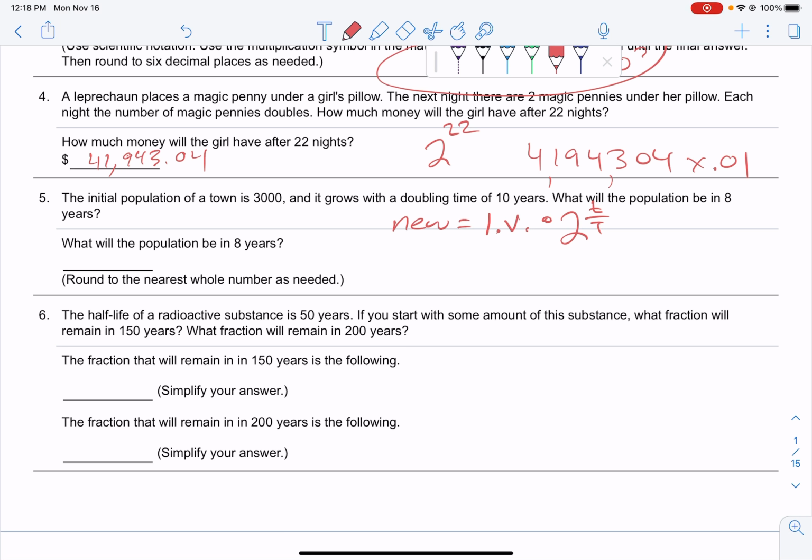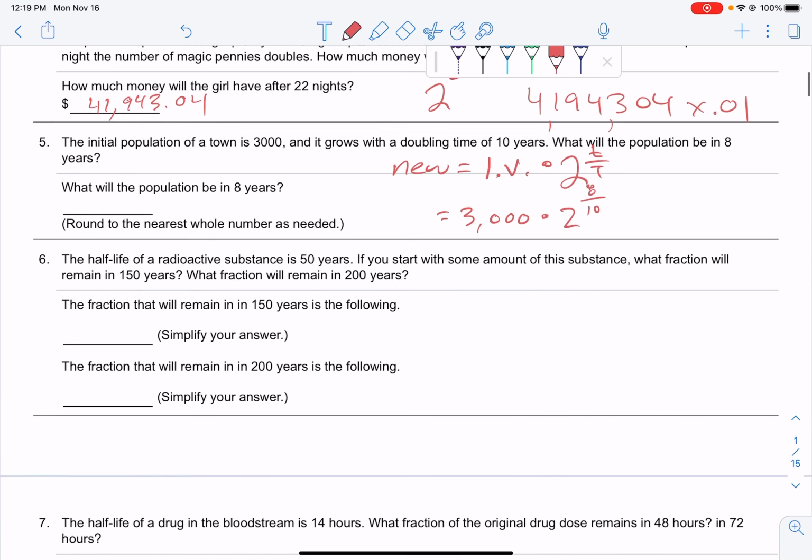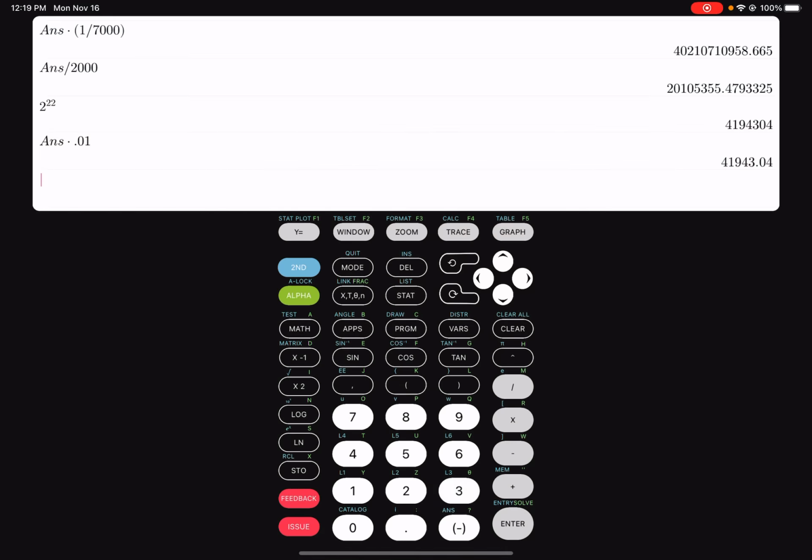Little t is the number of years. So if we start at 3,000 and it doubles every 10 years, I'm going to times that by 2 raised to the 10 goes on the bottom because we're only going 8 years. So it'd be 3,000 times 2 raised to the 8 over 10, so 3,000 times 2 raised to the 8 divided by 10.